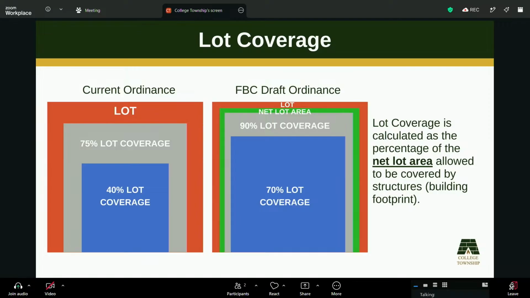Under form-based code, you have the addition of what's called the net lot area, as we discussed. So when we're talking about lot coverages, the lot coverages are based off of net lot area and not the entirety of the lot. So when you start seeing some larger numbers in these recommendations, such as 90% and 70%, that's based off of net lot area and not the entire lot.